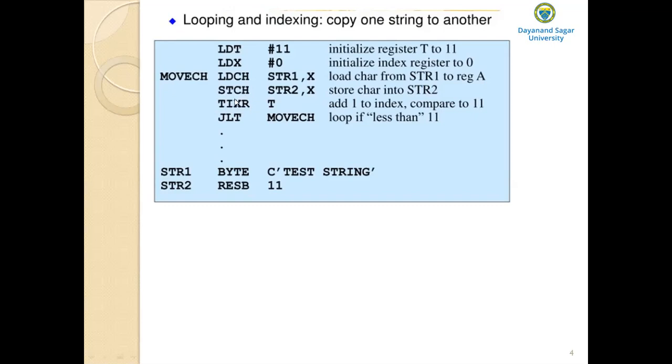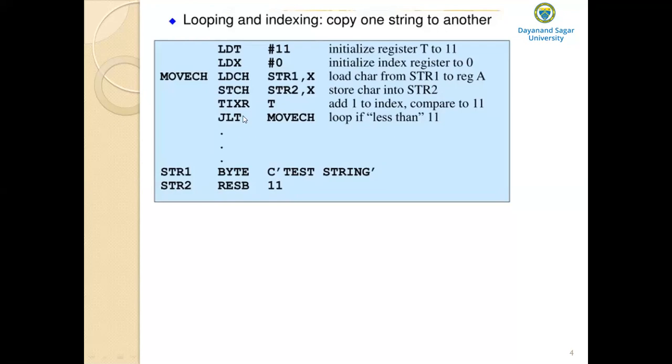First, it adds 1 to the index, because we have to point to the next byte in string str1, and then compares this new value of the index register with 11. Where is 11? In register T. You have to specify the register name. So it compares the value in X with the value in T and sets the condition code based on the test result.